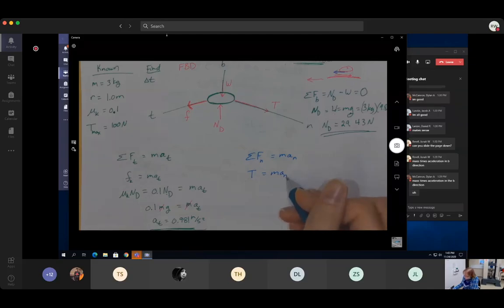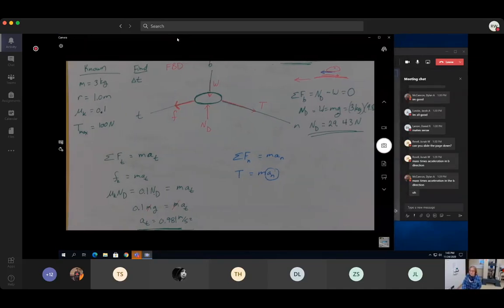What was our normal direction acceleration equal to? Do you remember? How do we get normal acceleration?